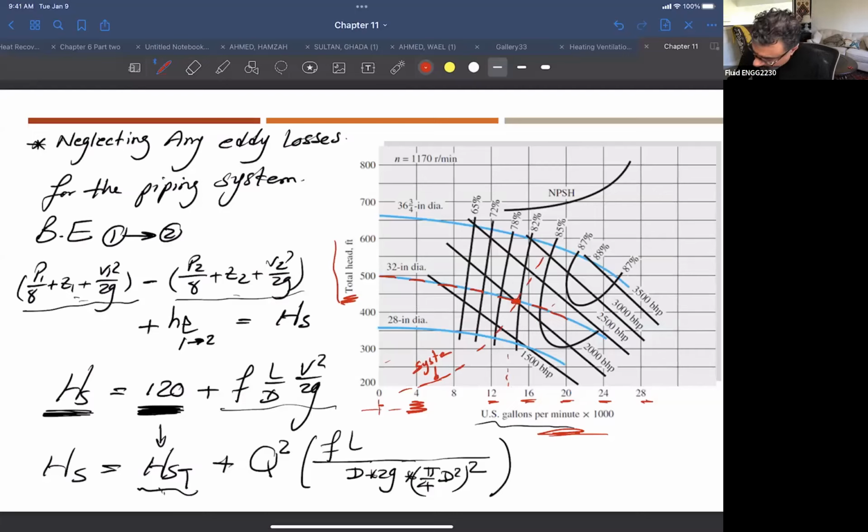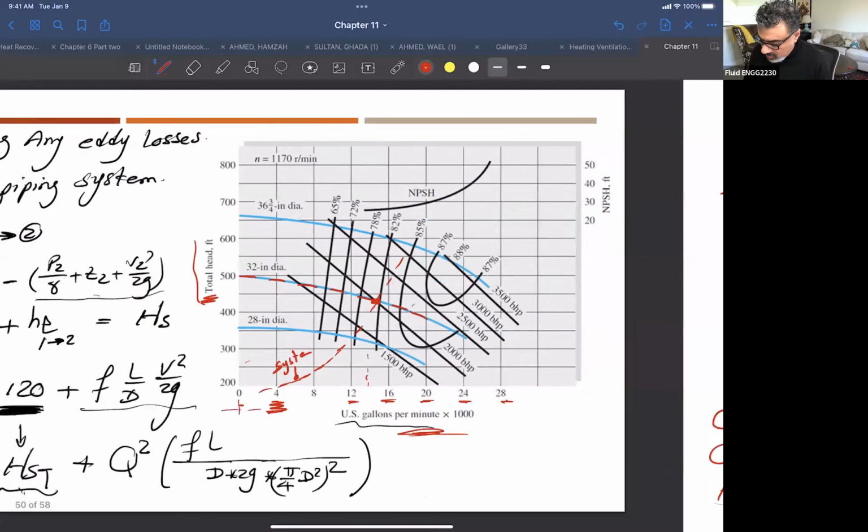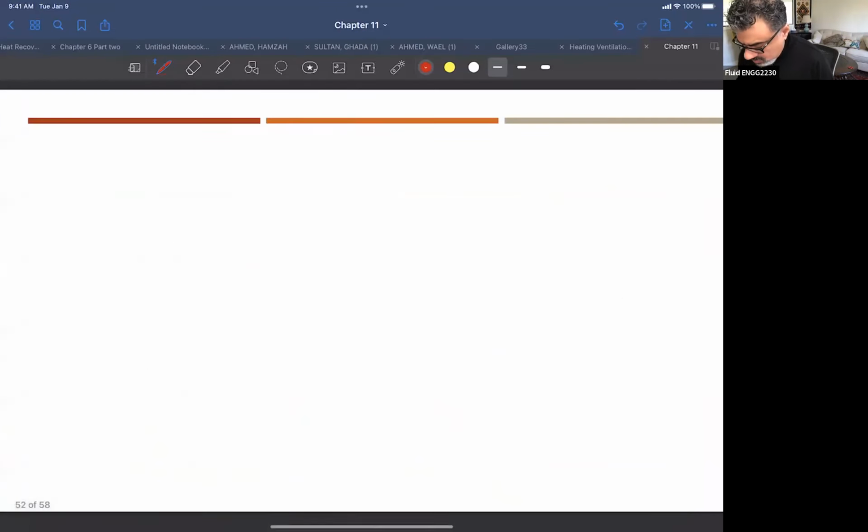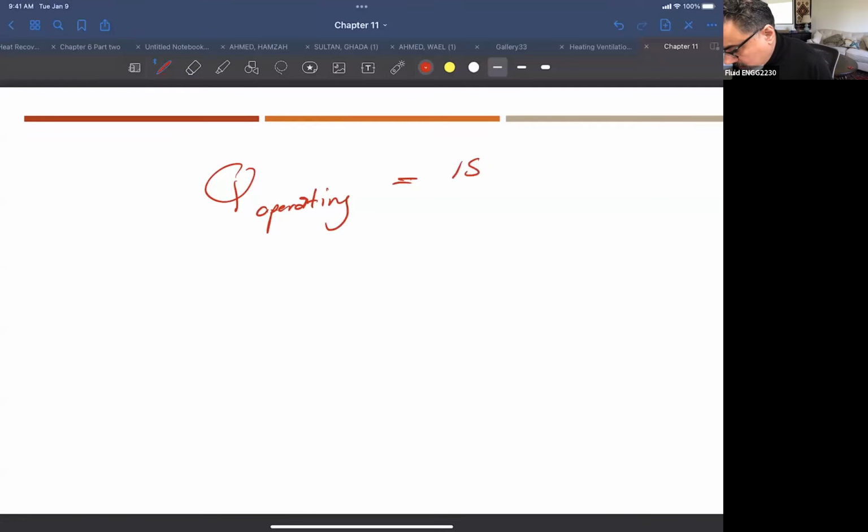Okay, so the system curve we plotted using the system equation. We plotted it on the pump curve, and we are getting the intersection point. This intersection point is actually the Q of the operating point, which is 1500 gallons per minute.